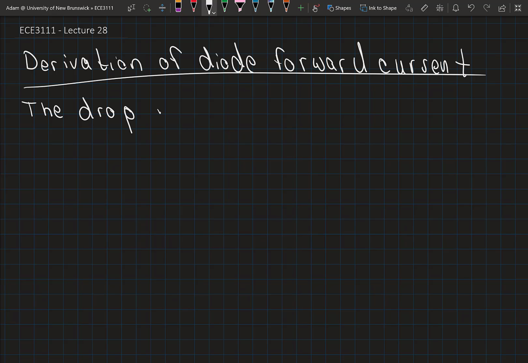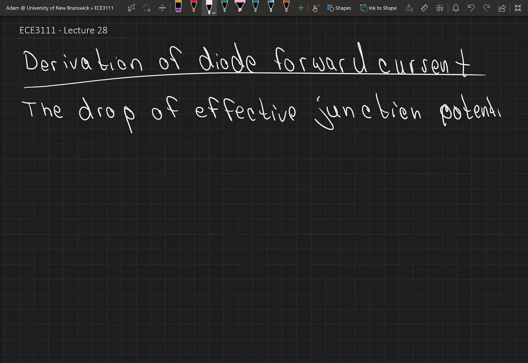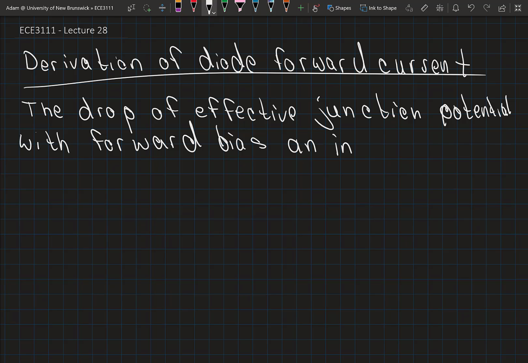When we apply a forward bias, we get a drop in the effective junction potential, and this results in an increase in majority carrier diffusion.